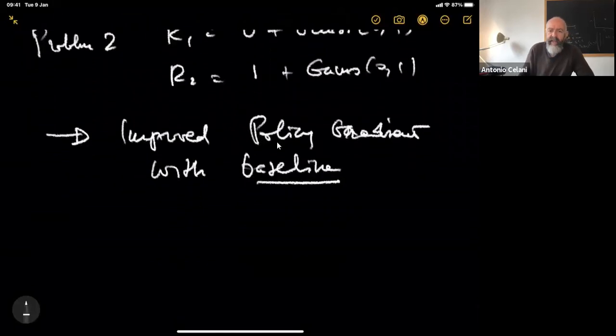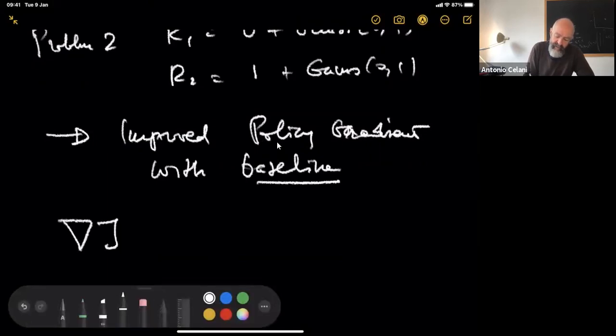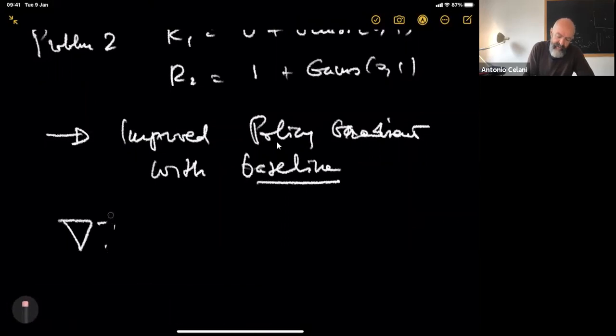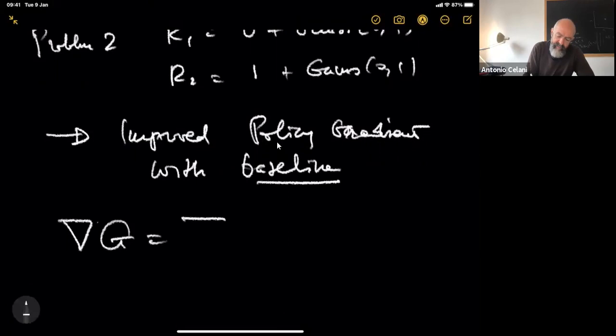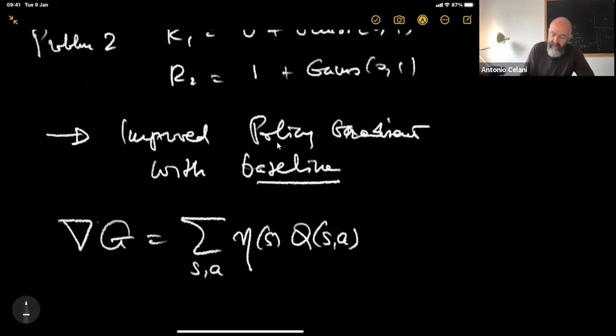So what is the idea in general? Remember that we started from this, sorry, not J, the notation that I used is G. So the gradient of G is the sum over states and actions of eta S, Q S A, times the gradient of the policy.